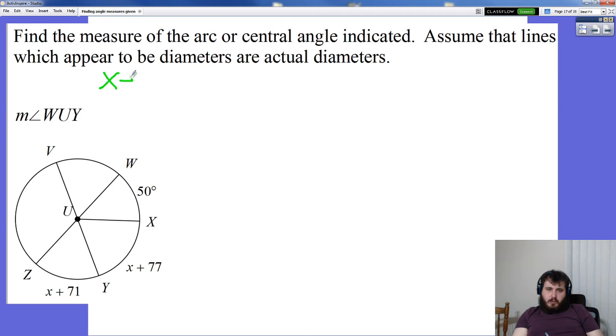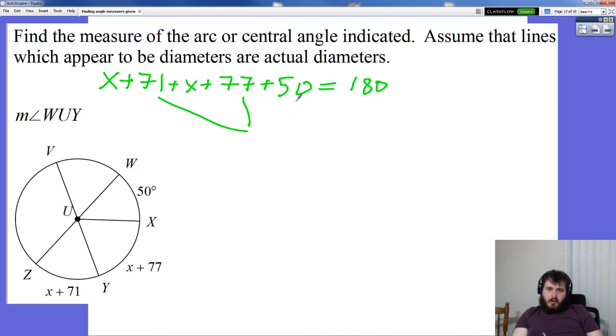X plus 71 plus X plus 77 plus 50 makes 180. Once again, combine your like terms, get all your numbers over here, get all your letters over here. X and X makes 2x. 1 plus 1 is 2. Then we've got 71, 77, and 50, which should be, let's write it out.